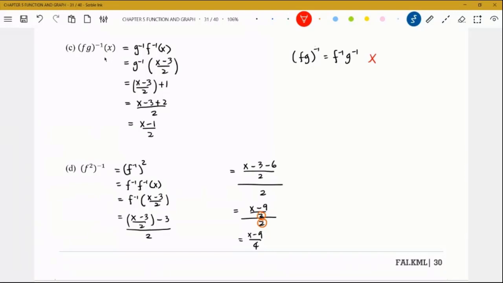Negative one tu bukan kuasa. Negative one tu adalah inverse. So bila kita encounter dengan FG inversekan dia, dia akan jadi terbalik terus. Sebab dia bila inverse bermaksud kita reflect pada y equal to x. So bermaksud yang belakang jadi depan, depan jadi belakang. Okay, clear?